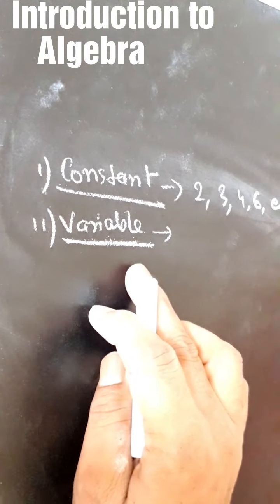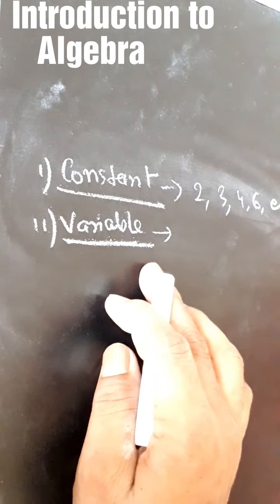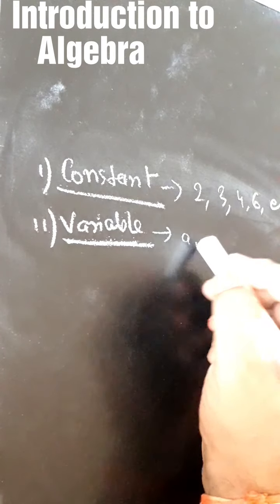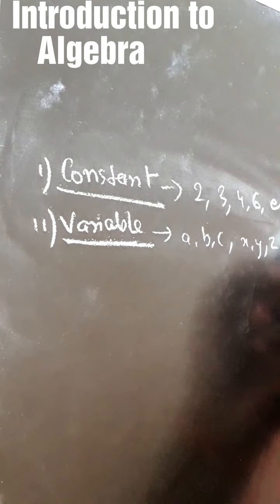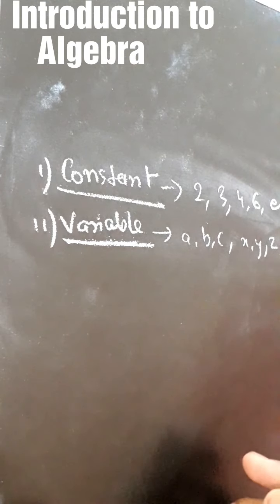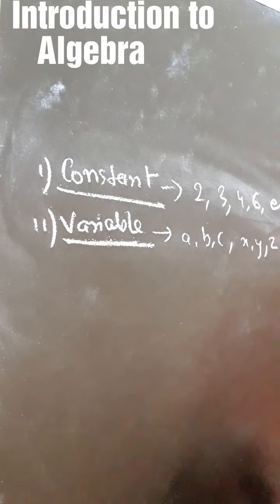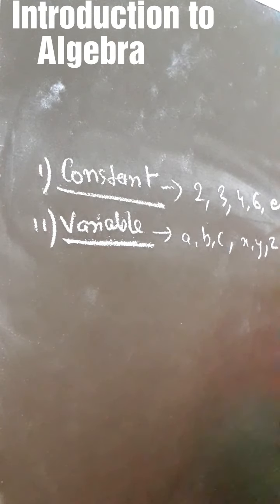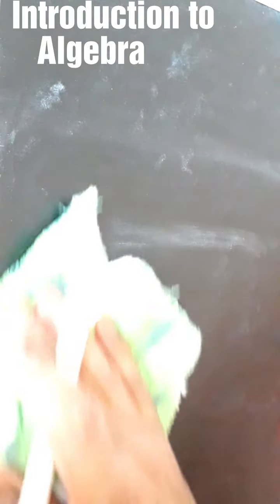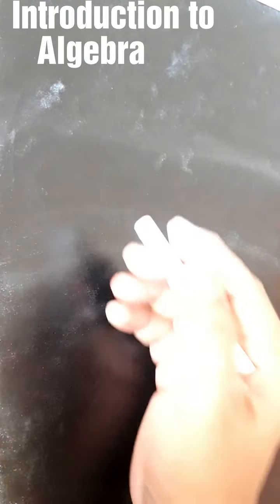If we talk about variables, they are called literals also. They are A, B, C or X, Y, Z or any other alphabetical letters. Their values change with situations, so they are called variables. Here we are going to see algebraic expression. What are algebraic expressions?